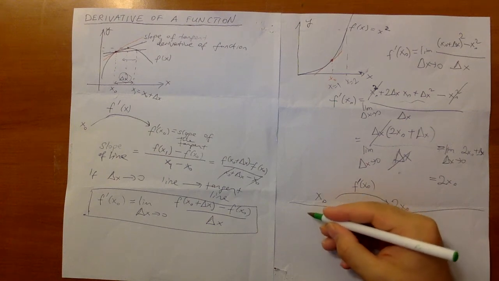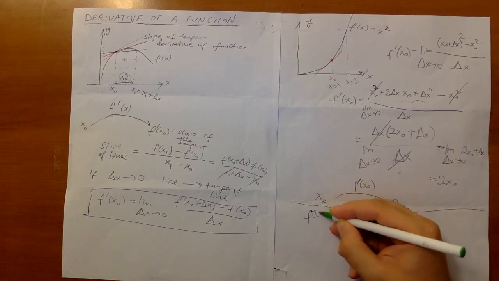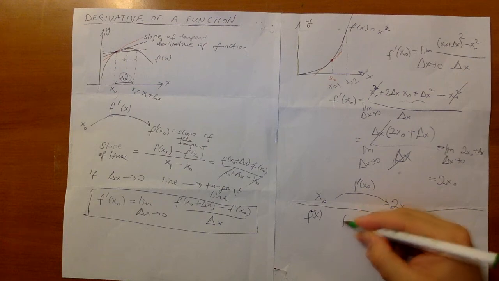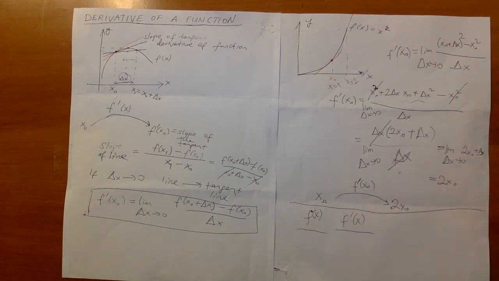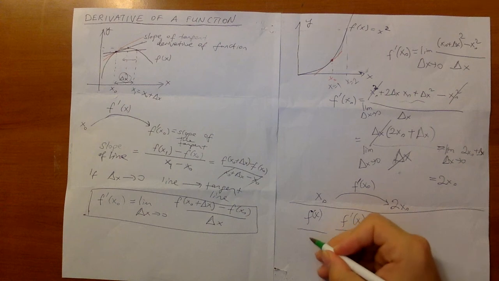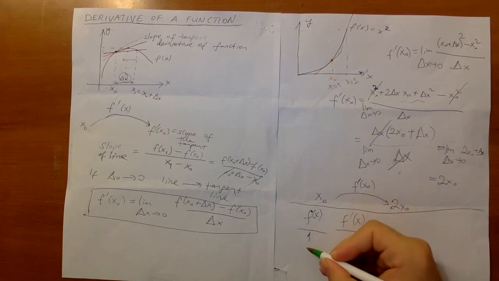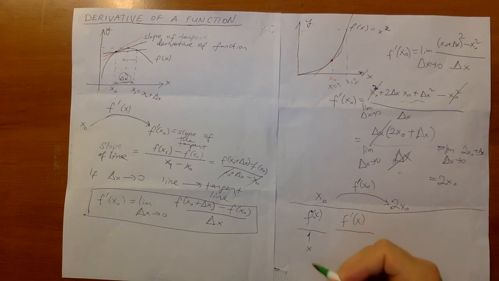Let's try to make a table. You can solve as an exercise, you can find the derivatives of different functions. Let me write a table for the powers of x: x to the 0, which is equal to 1, x to 1, which is x, x squared, x to the power 3, and so on, x to the power n in general.